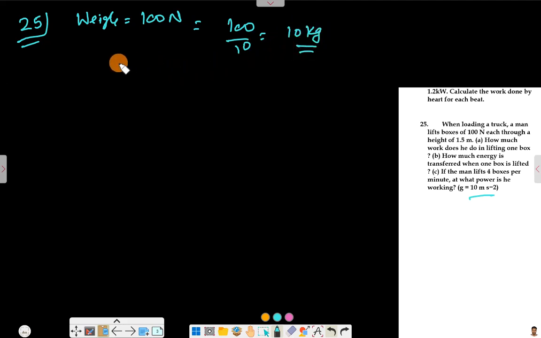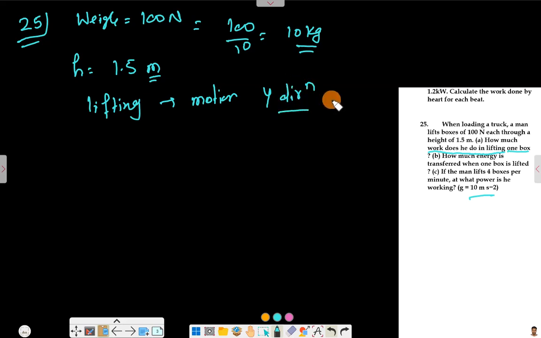Height is given 1.5 meter. Now we have to find out the work done in lifting one box. If lifting is happening, means motion in y direction, or vertical movement.